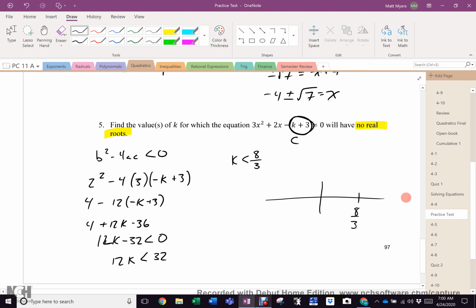Less than 8/3 is down here. And it's easy to check because you can check it with 0, our favorite number. Is 0 minus 32 less than 0? Yes. So we're done.